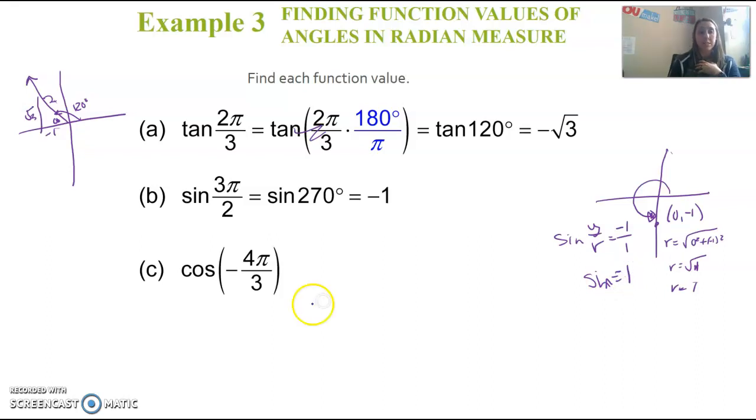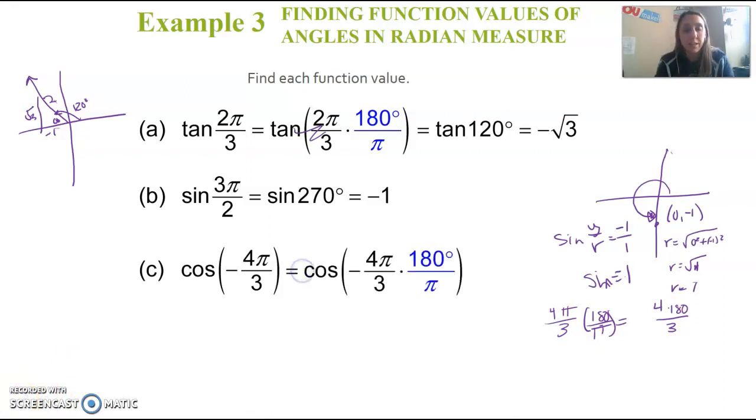Then we got to do the cosine of 4 pi over 3, and that is going to be in the fourth quadrant, so we need to do 4 pi over 3 times 180 over pi, which is equal to 4 times 180 over 3, and that gives us 240, so we end up with negative 240 degrees.